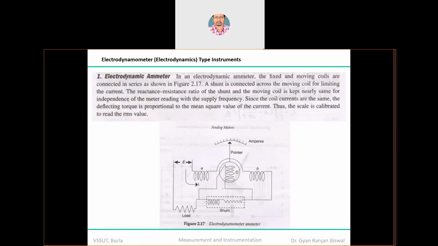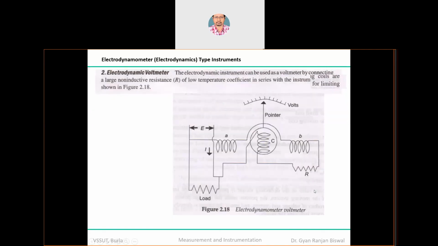Remember, if the frequency changes, and you are measuring an AC signal, the performance of the measurement will be affected. So to get the exact measurement, you use this shunt reactance-resistance arrangement and match the frequency of this coil to the moving coil, so that you can measure the exact RMS value.